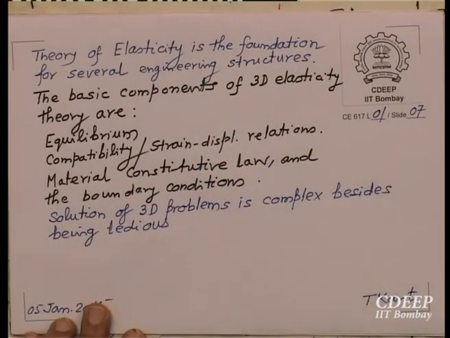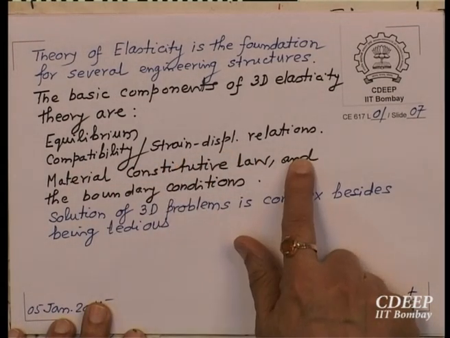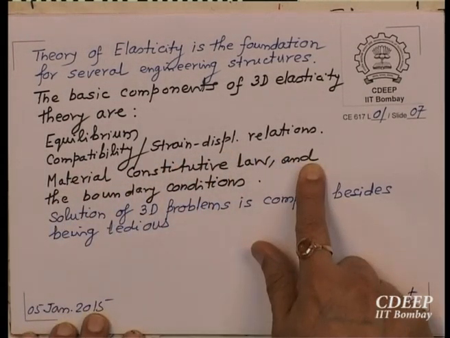So, we develop some theories, but basically they are all derived from 3 dimensions, and we know there are 3 sets of equations which describe the behavior of any 3-dimensional body: equilibrium, compatibility or strain displacement, and material constitutive law.